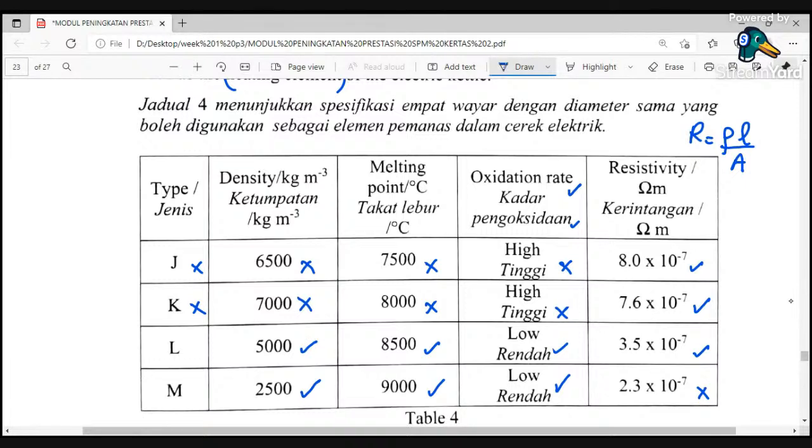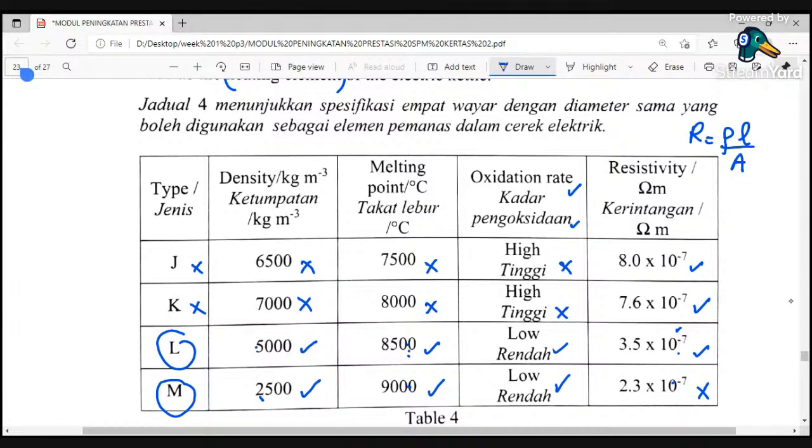Now we look again overall between L and M, which one is the most suitable. 3.5 and 2.3 are quite close in value. In terms of density, L is 2 times heavier than M. Melting point is quite the same, both high.